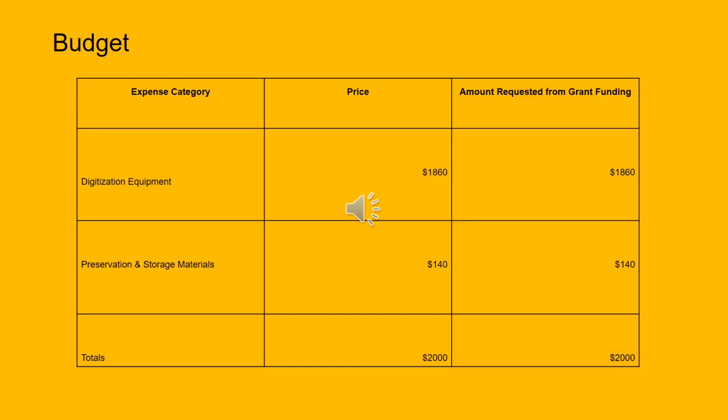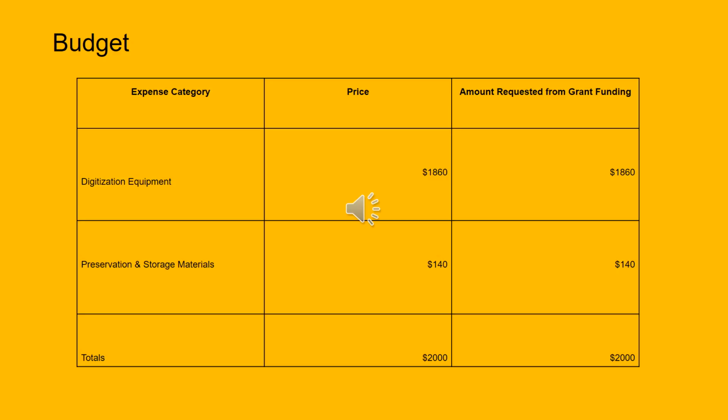This is the budget that we have. It's a simple budget. I tried to keep it simple for this assignment. The digitization equipment that I listed previously in more detail will come to $1,860, and we're asking for $1,860 for that.